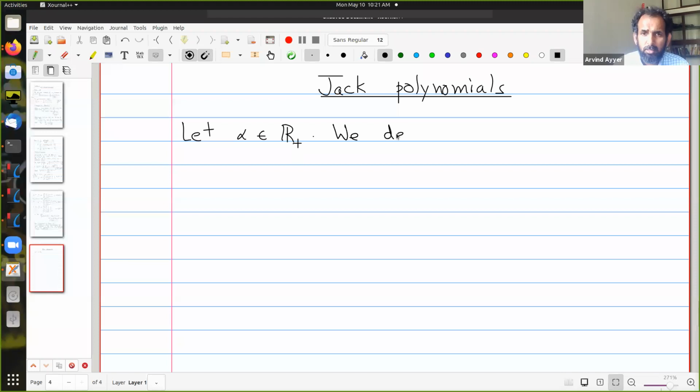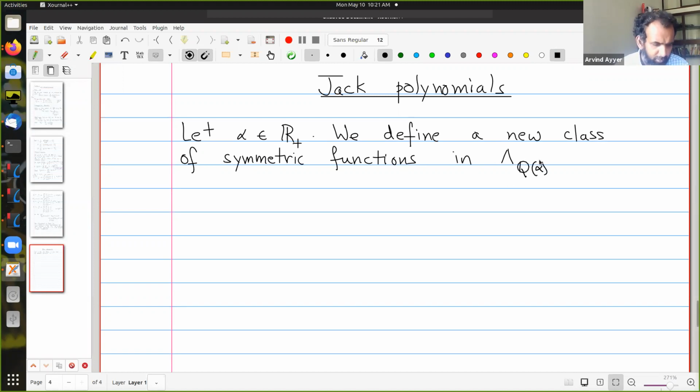We define a new class of symmetric functions in lambda, taking the fraction field in alpha, by the inner product of P lambda and P mu at alpha equal to delta lambda mu.